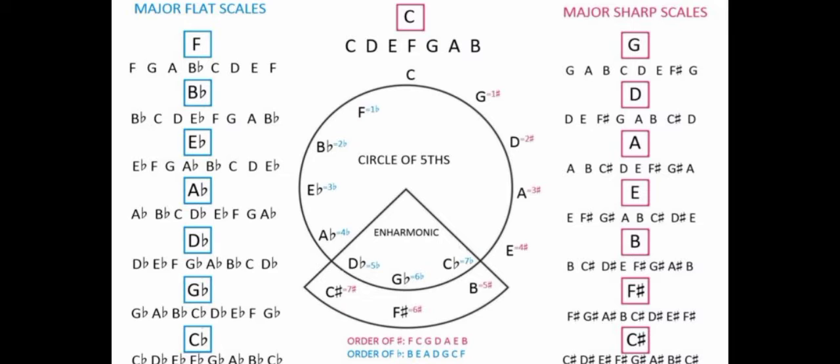So our scale will start with G and it will end with G. So when we start from G, we need to start counting from G and going back to the G after we have counted 7 times, because we have 7 notes in a scale. So let me show you.